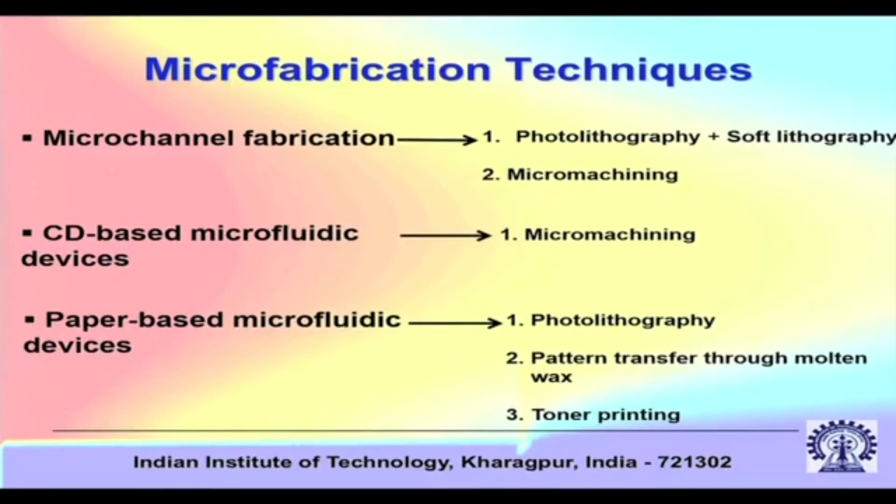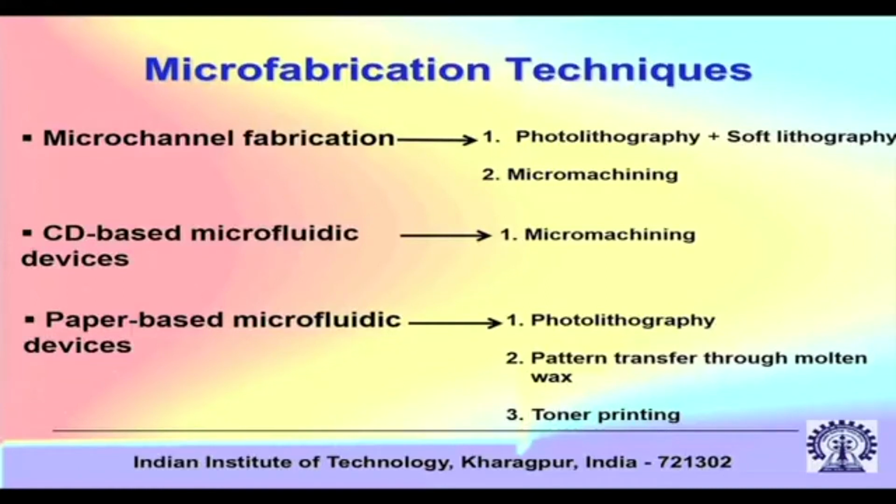When we say microfabrication, our main goal is micro channel fabrication, because that is where our fluid flow is taking place, where microfluidics is mainly concerned. For micro channel fabrication, you are bothered either about the classical paradigm of photolithography, soft lithography, which we will discuss, and mechanical micro machining, of which I will give you some idea of how it is done.